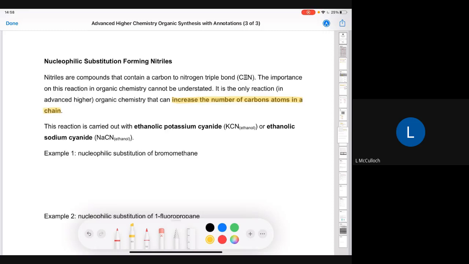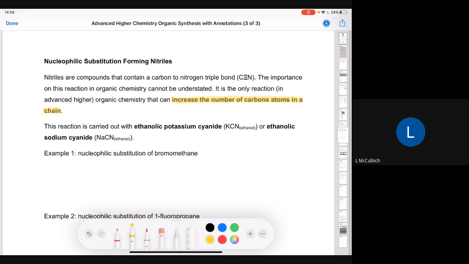If the starting materials that you have are things like chloroethane, then what you would have to do is a nucleophilic substitution in which you turn the eth, 2 carbon atoms in your chain, into a prop, which is 3 carbon atoms in the chain. And this is literally the only way in which we can do that.